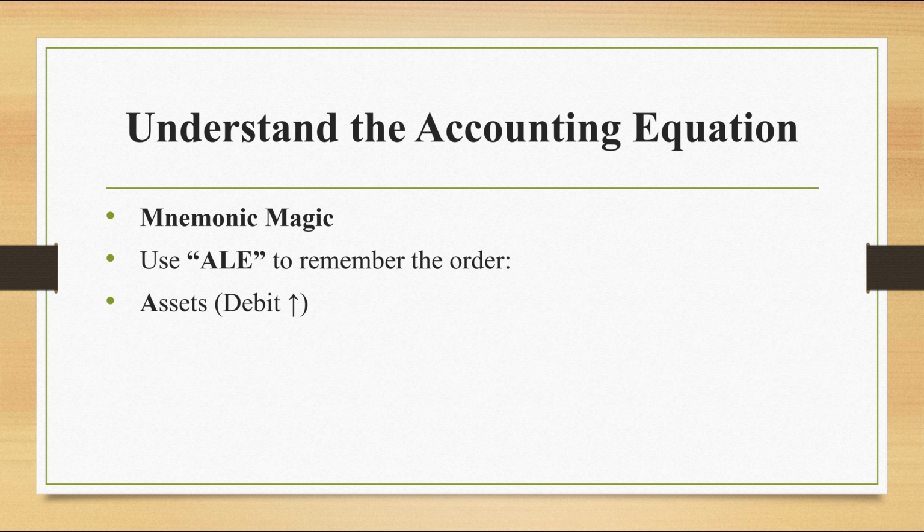The liabilities go up on the credit side. Then the equity also goes up on the credit side. That is a magic you can use to remember this accounting equation, so that they can balance.